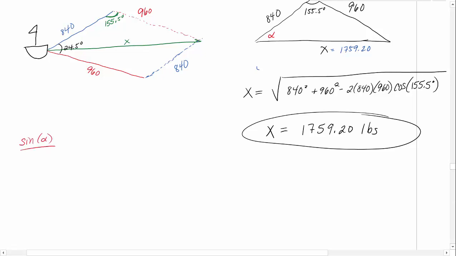Sine alpha over 960 is equal to sine of 155.5 over 1,759.20.